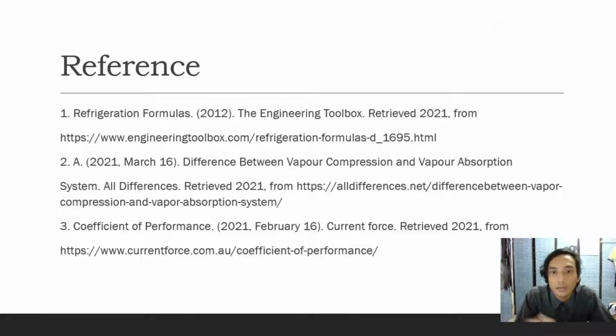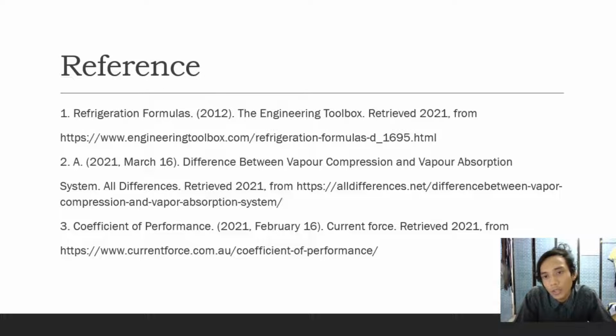Lastly, for the references, we refer to the refrigeration formula in 2012 in the textbook of the Engineering Toolbox, retrieved in 2021 from the website that I have mentioned in the slide.